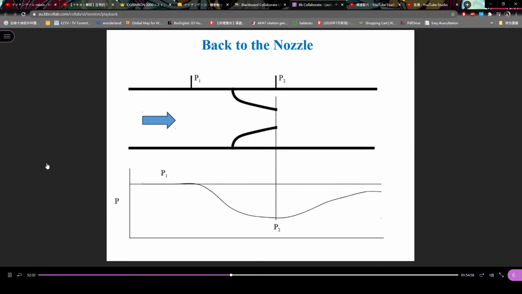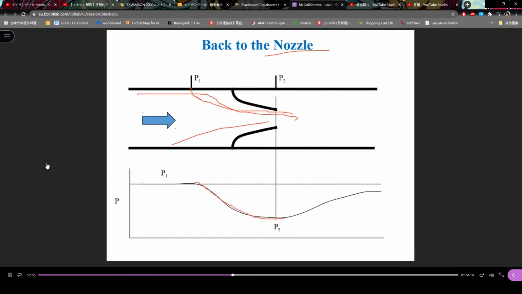And for another, see this pressure recovery. See, the flow is here, and the pressure you can see suddenly reduced.